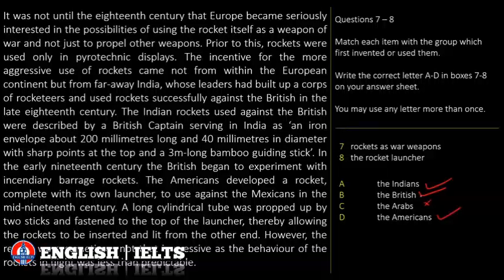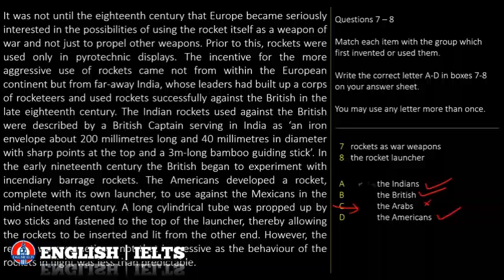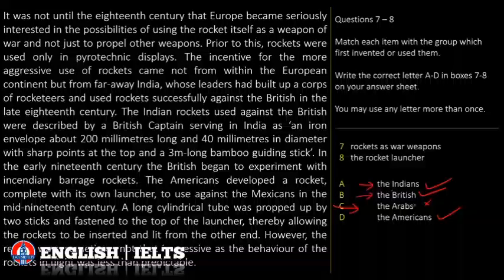Americans, yes. So the answer is probably Indian, British, or Americans. This reduces the hard work. Now you don't have to worry about C. You have to worry about A, B, or D. And even British is over in the first part. So if you found India as the answer, you might not even search for British after that. So you're left initially with Indian and British, and when that is over, Arab is not possible. Hence, America is the obvious answer for the last one.